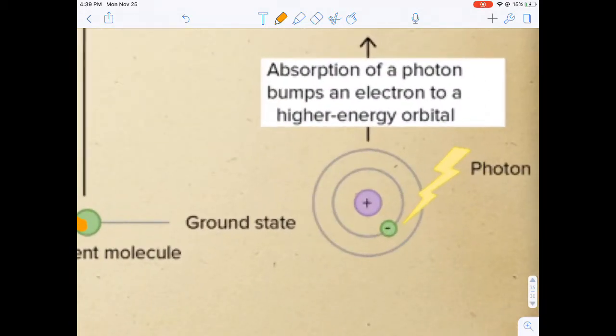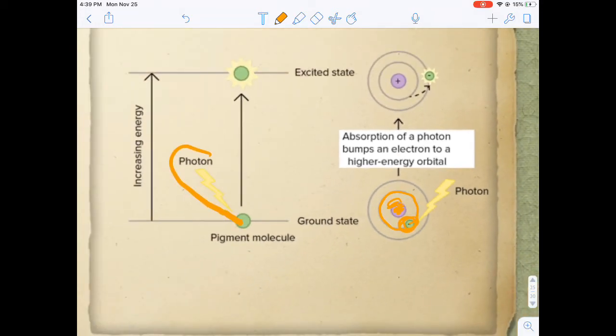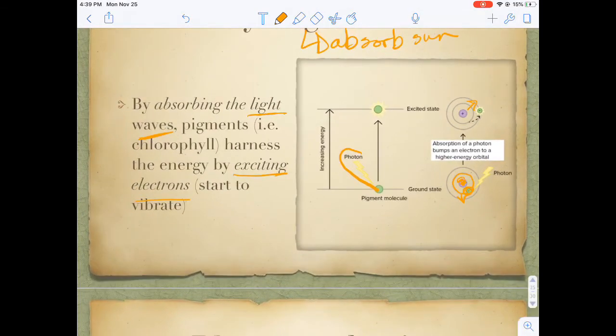So notice right here, the electron is close to the nucleus. The nucleus is the plus, and the electron is close to it. When it gets excited, it's able to jump to another energy level. So it's an excited electron.